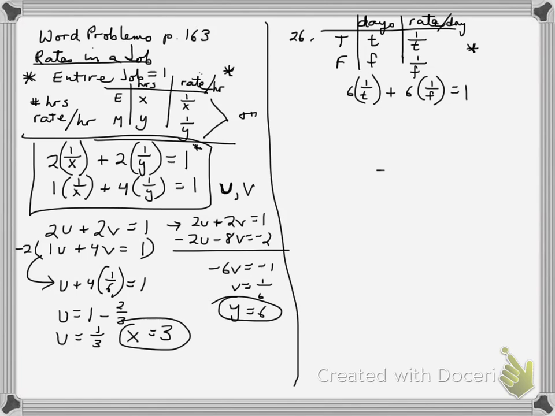Mr. Tanksley works 2 days alone, 1 over t. And Mr. Franklin can finish the job in 8 2/3. Let's go ahead and convert that. 8 2/3 is the same as 26/3 of a day, and this is his rate. And when they're done, they finish the whole job.